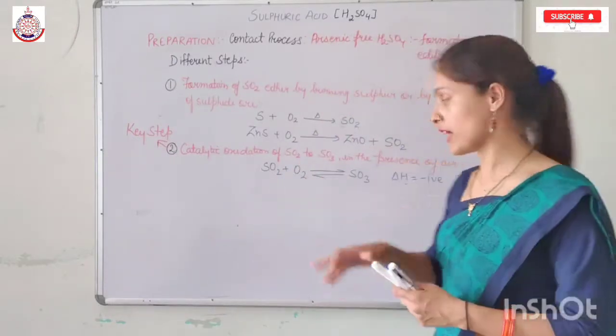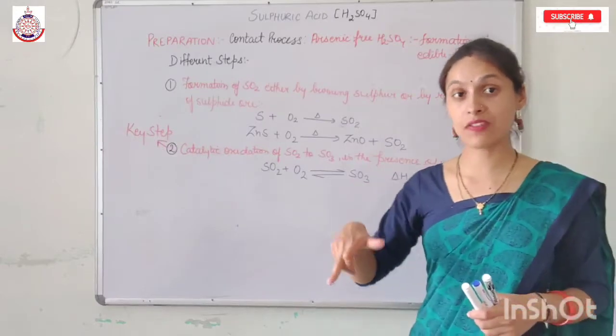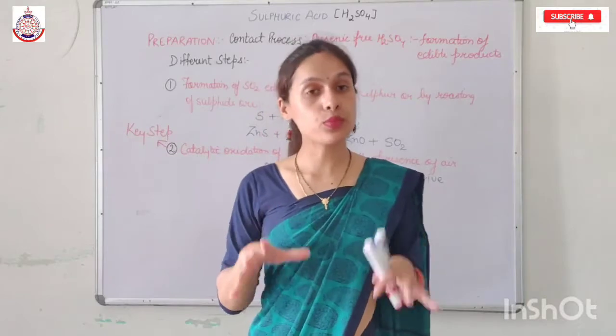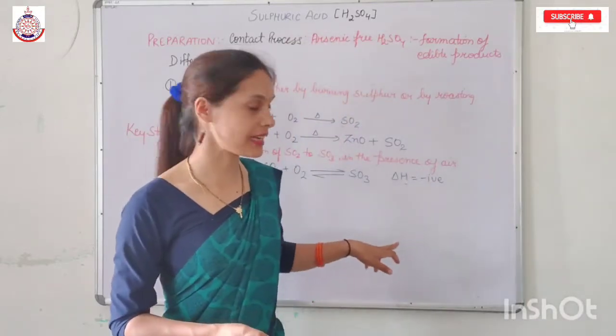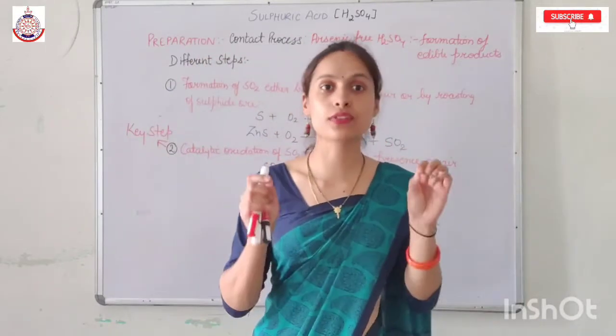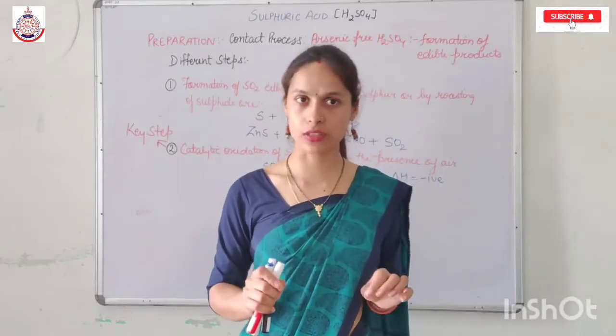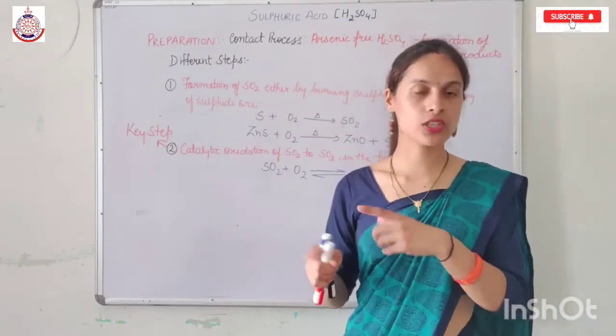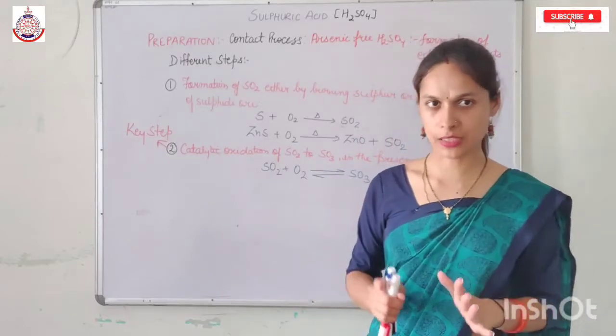If the yield of SO3 is good in the second step, we get a good yield of sulfuric acid. But if we get a poor yield of SO3 in the second step, then we get a poor yield of sulfuric acid. So this is the key step of the preparation of sulfuric acid.